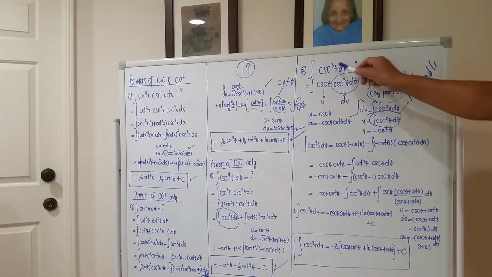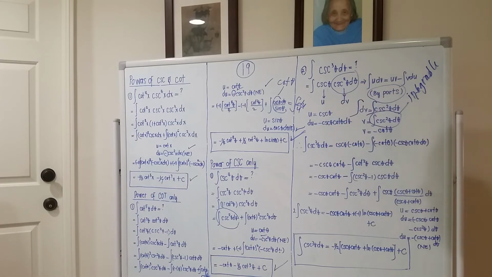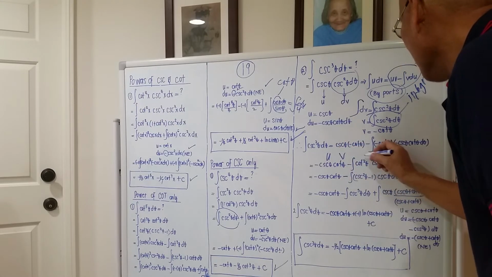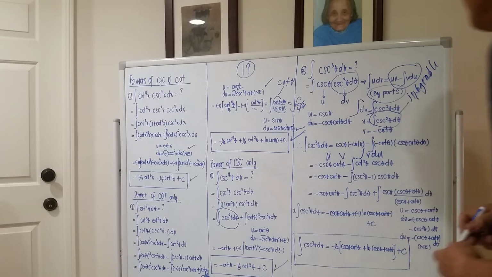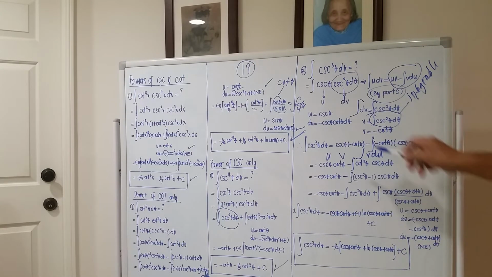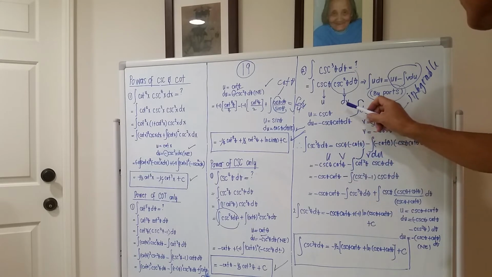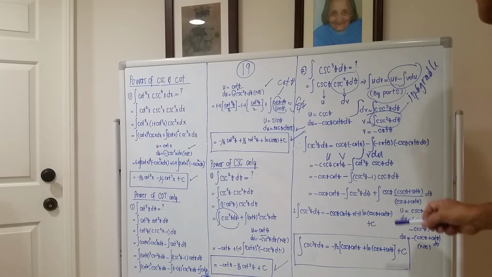So proceeding with the integral of cosecant cube of theta, differential theta equal to, we will follow this. It is the product of uv minus the integral of v du. U is cosecant of theta. What is v? V is negative cotangent of theta.